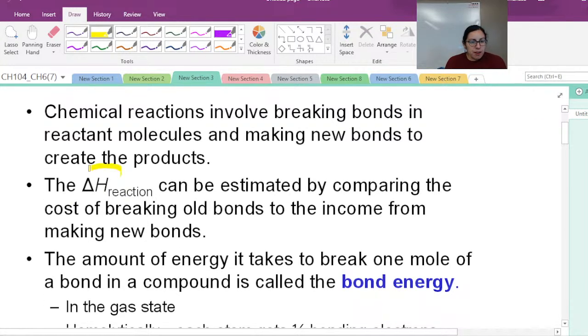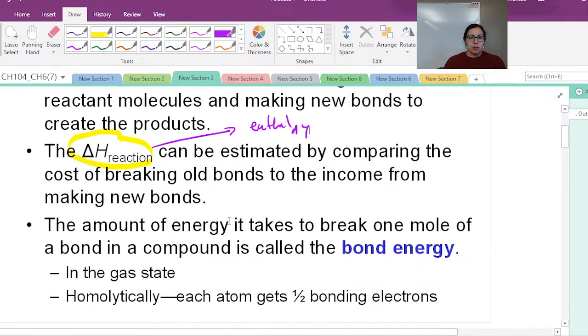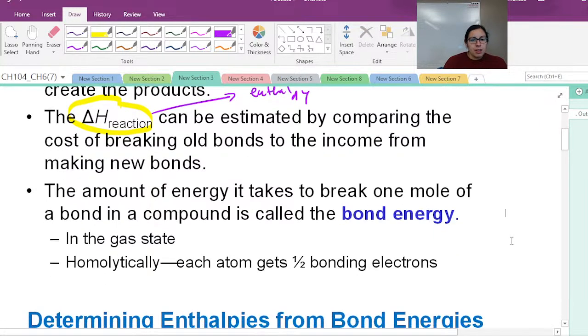And so then we can figure out delta H, which is our change in enthalpy, aka heat, basically, or energy. And so we can figure out how favorable this bond making or breaking process is. Then we have our bond energies that are formally calculated. This just describes to you where these numbers came from.